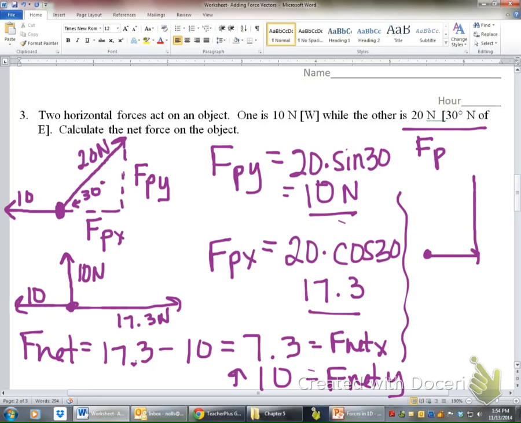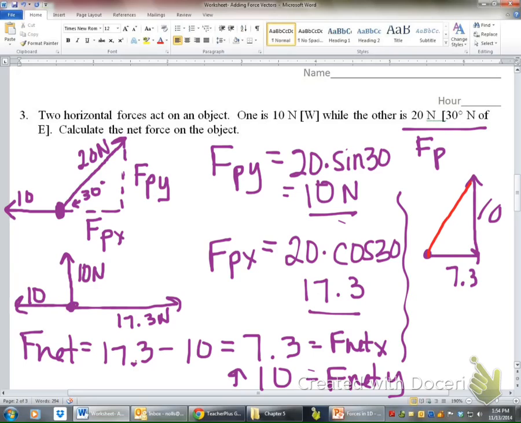We need to go 10 up. Would you take into account gravity on this one or no? No, we're not really concerned with that. Just for this one. Yeah, for some we will.